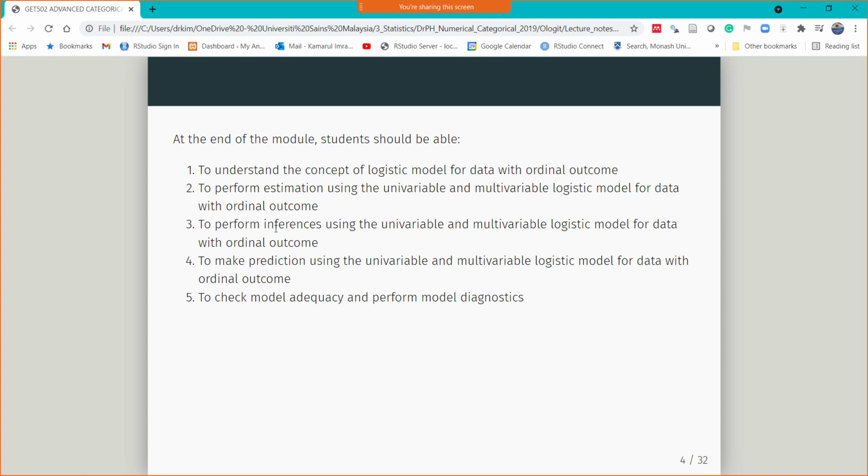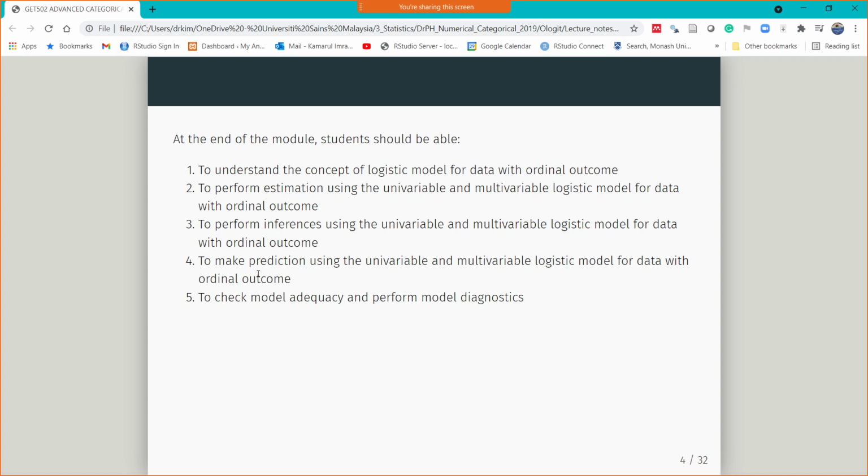And then to be able to perform inferences. Inferences meaning how can we generalize results to the population of interest. Usually we do this by getting the 95% confidence interval, and at the same time we check the p value.